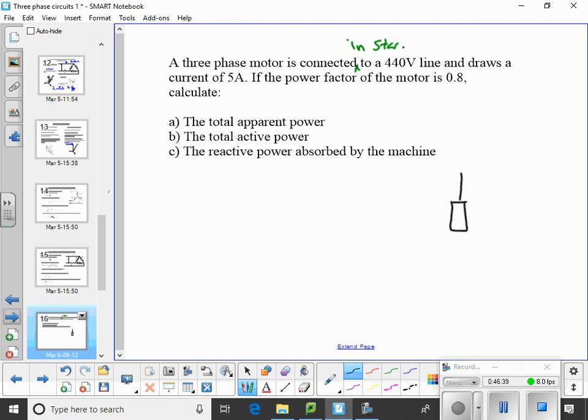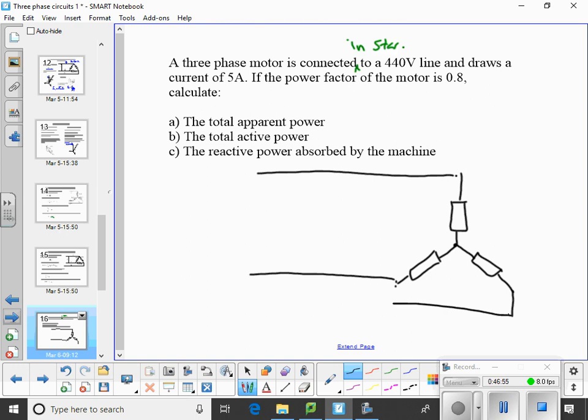So there's my three-phase motor. It's connected to a 440 volt line, sorry, 440 volts, and it draws a current of 5 amps.